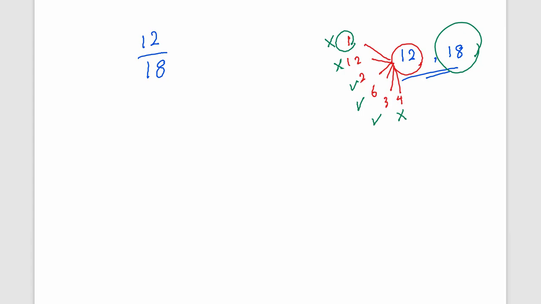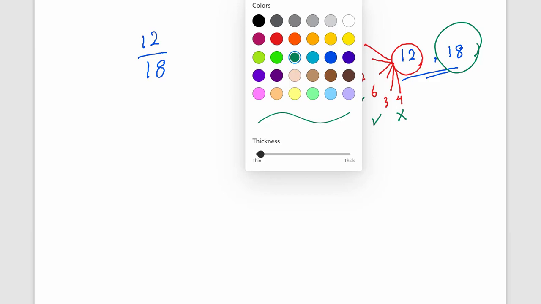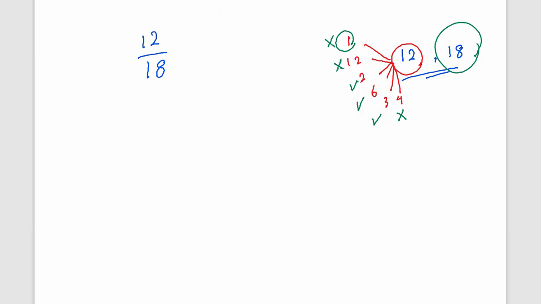Okay, now the last step. I have 3 numbers that I can use any of them. And my heroes, if you use any of these numbers, you will do it right, no problems. Don't worry. But you will do it in more than one step. To make it in only one step, think of something called the greatest common factor.